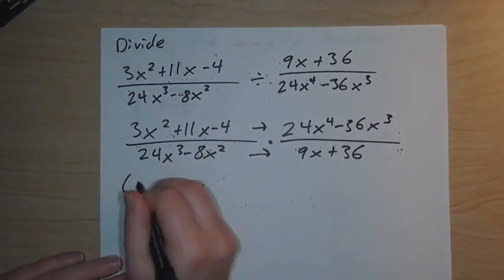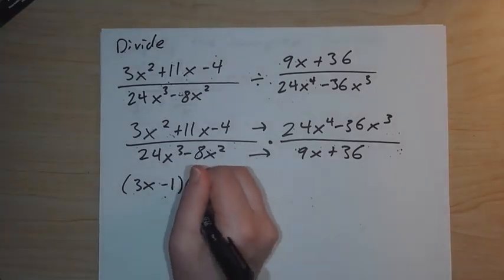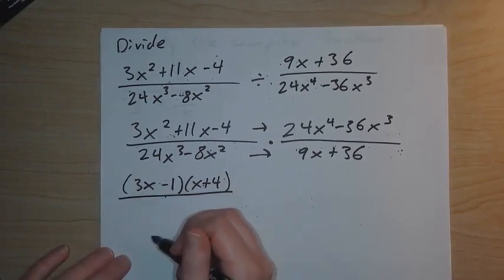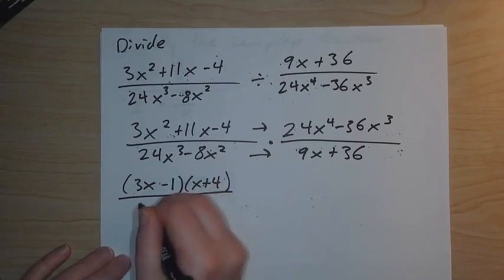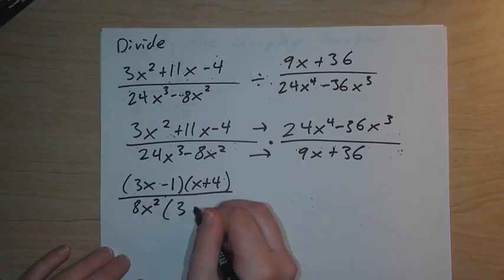That factors to 3x minus 1 times x plus 4, and the denominator factors to, we can factor out 8x squared, so we're left with 3x minus 1.